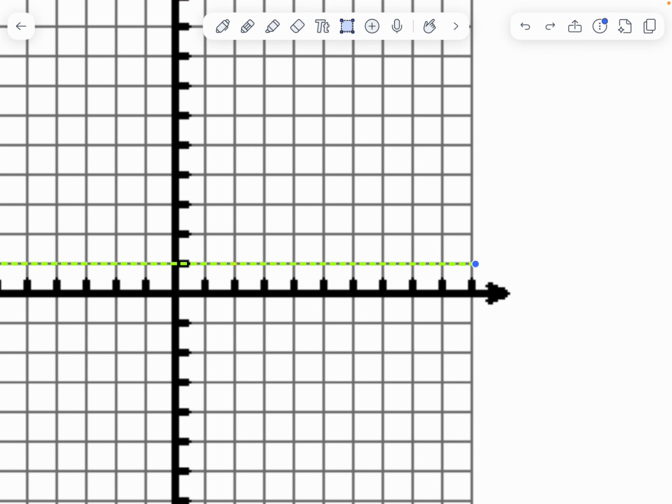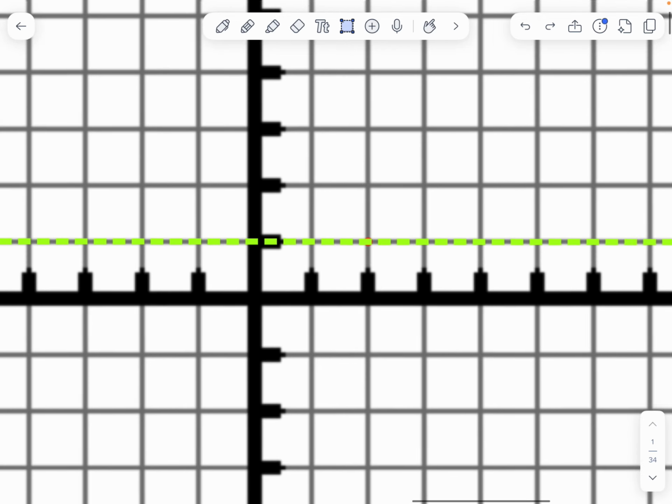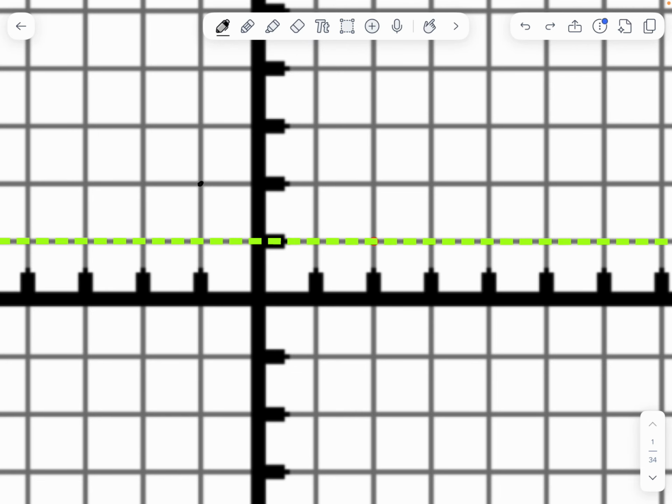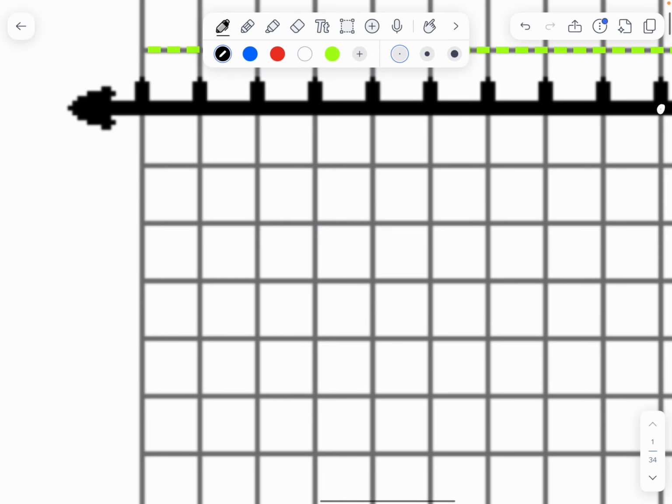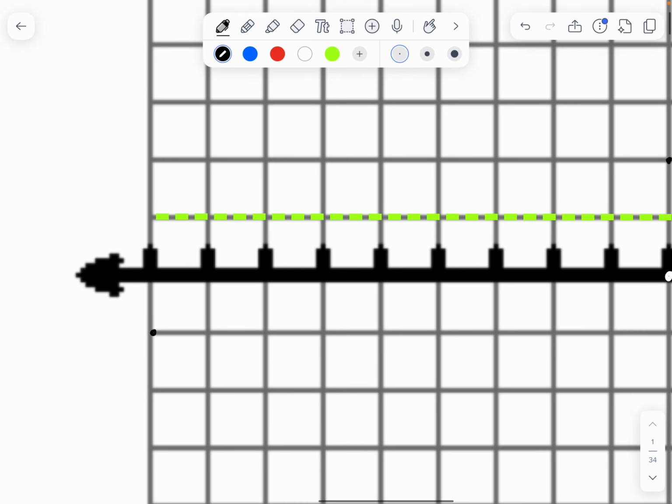Okay, and now for the 1a, 3a, 5a rule. So here, another point here. And another point here. And another point here.